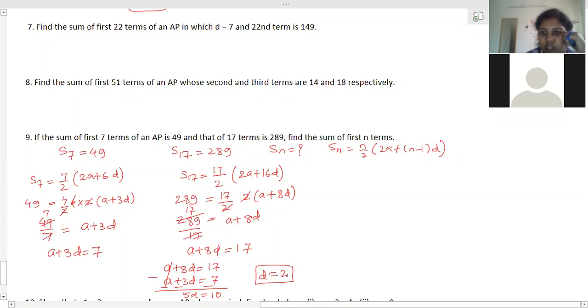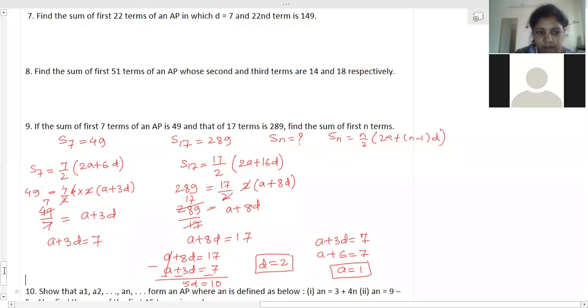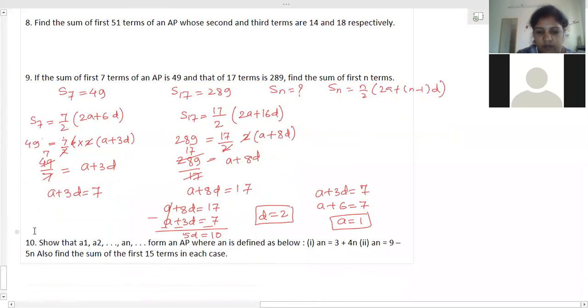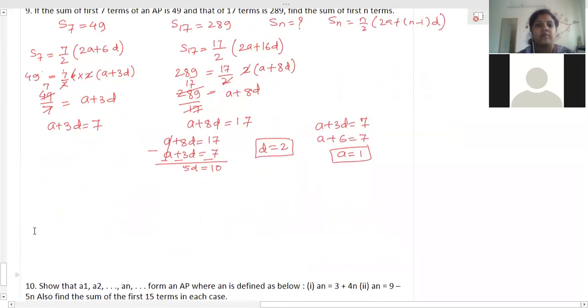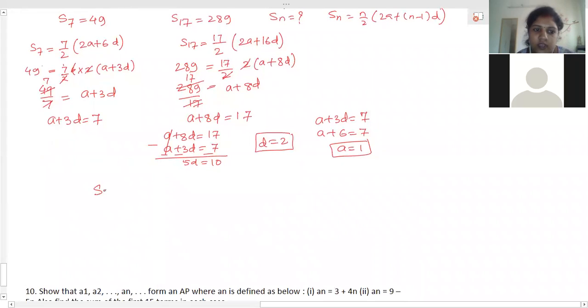Now substitute the d value in any one of the equations to get the value of a. a plus 3d is equal to 7. a plus 6 is equal to 7. a is equal to 1. If a is 1, d is 2. Now find out Sn. So Sn is equal to n by 2 into 2a plus n minus 1 into d.